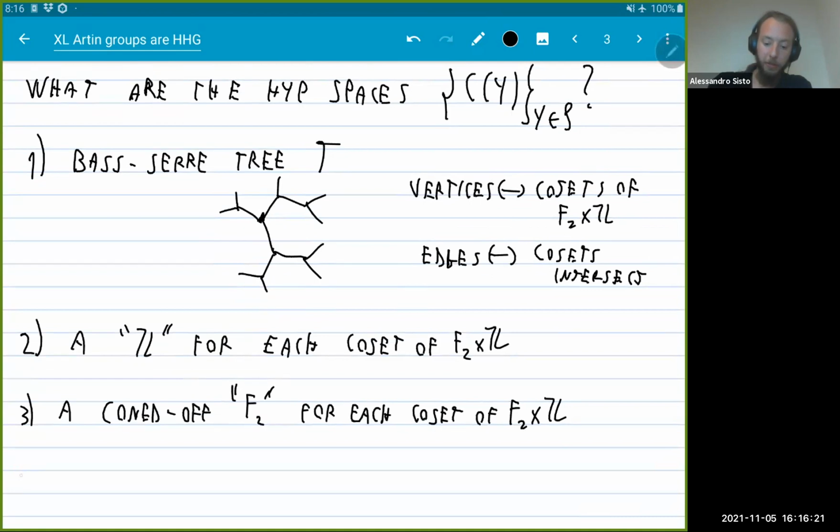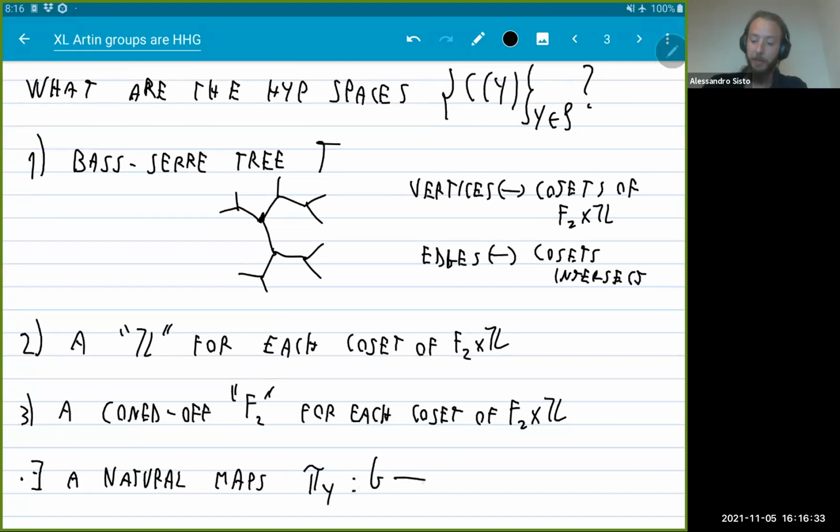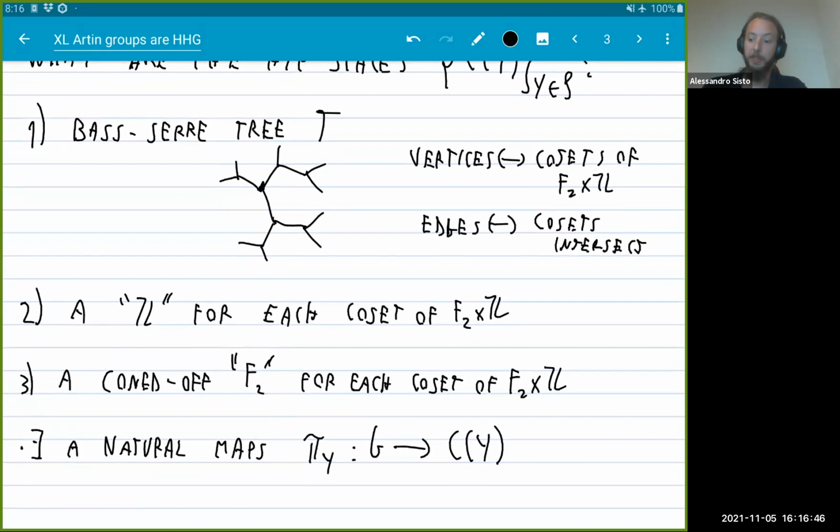And one thing that I'm not going to explain so much is that there exist natural maps, which I'm going to denote pi_Y, from G to each of these hyperbolic spaces, because it doesn't really matter how they're constructed. I'm not going to use it. I'm just going to use that there are maps. The map to the Bass tree, I guess you can see right away: you map a coset to the corresponding vertex. The others are a bit more complicated.